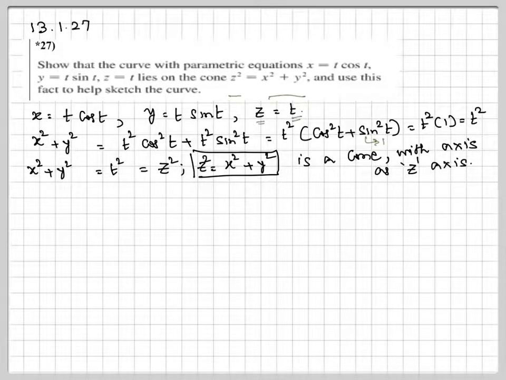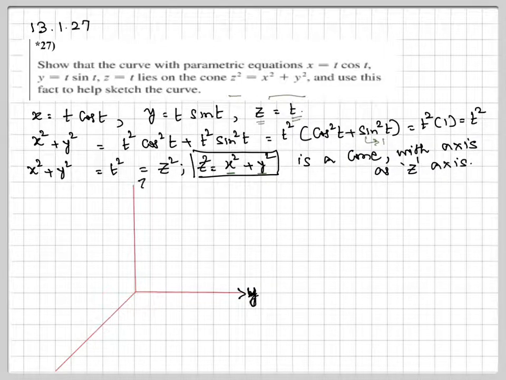So now let's sketch the graph. The parametric representation of the space curve is going to lie on the cone, which is directed towards the z-axis. We'll show that curve in the figure. We know that this is a circular cone, because the base is x squared plus y squared.